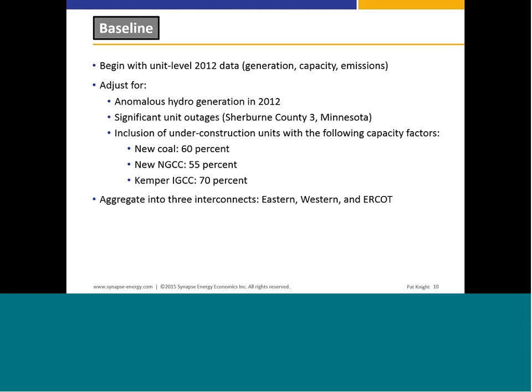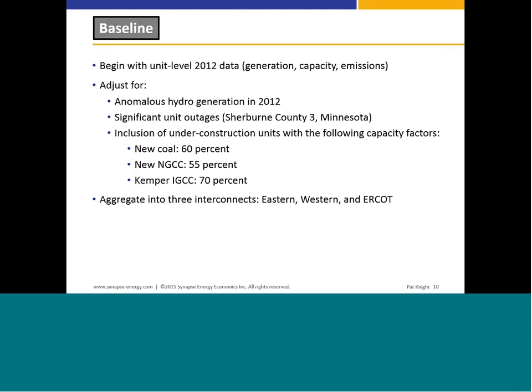And these are just under construction units for coal and NGCCs. You can think of these as EPA listening to stakeholder comments during the time period between the proposed rule and the final rule, and incorporating these adjustments in their 2012 data in order to make a more illustrative year or applicable year to all future years.